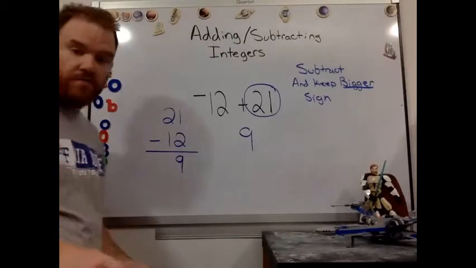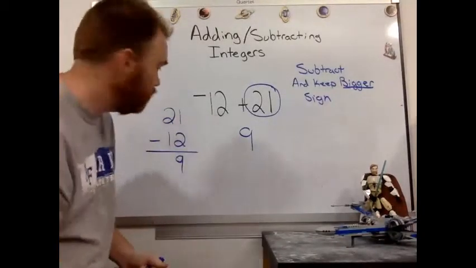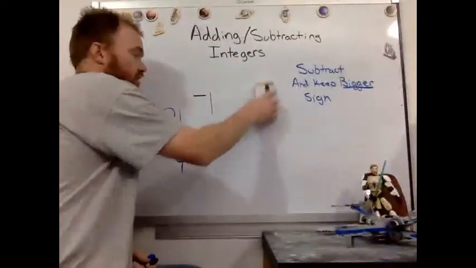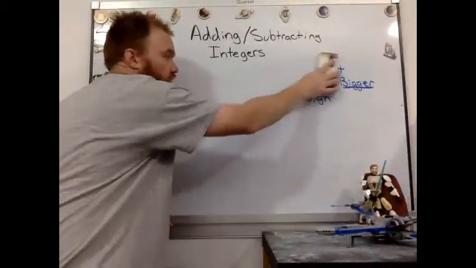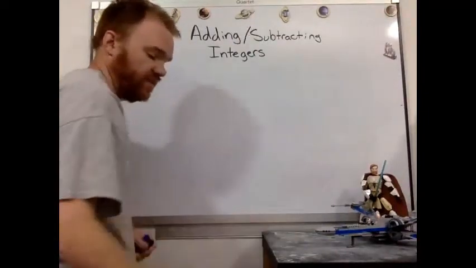All right, we're going to go on to subtracting. Oh, you know what? Before we go on to subtracting, here's another way I was taught a long time ago to work with integers that have different signs.